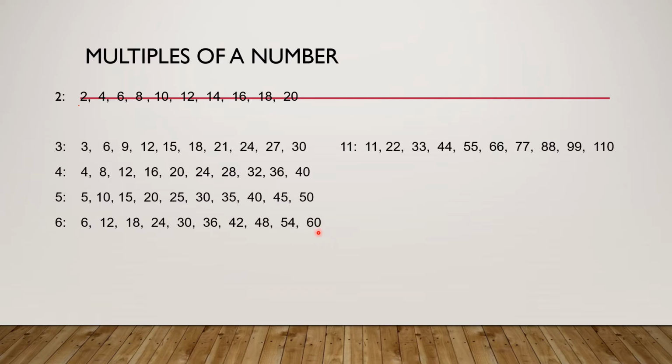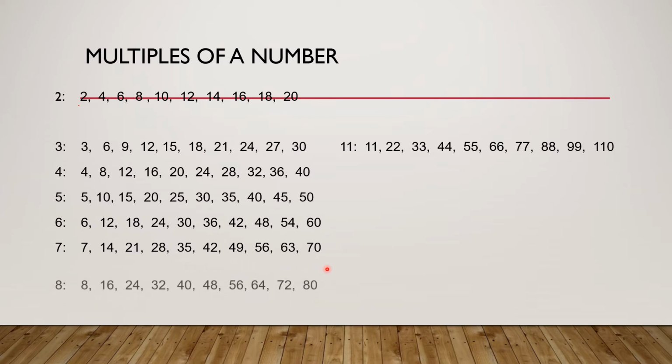Or if you want to learn it, you get the difference. 60 minus 54 is 6. So that is 6, no? Okay. 7, of course. 7, 14, 21, 28, 35, 42, 49, 56, 63, 70. And then 8: 8, 16, 24, 32, 40, 48, 56, 64, 72, 80.